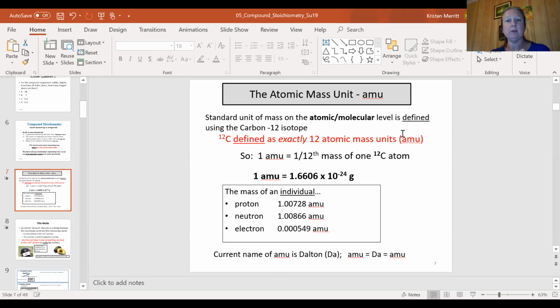That's the mass, we call that the atomic mass unit, and it's defined. Every unit is defined. This one is defined as 1/12 the mass of a carbon-12 atom, okay? But we don't really go around measuring individual atoms in the general laboratory.